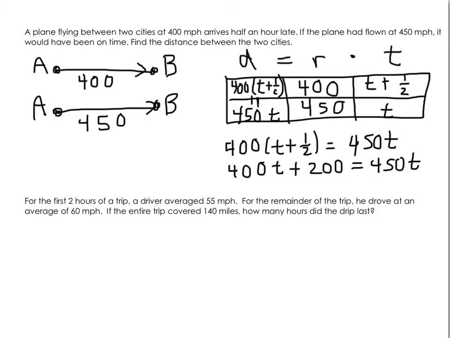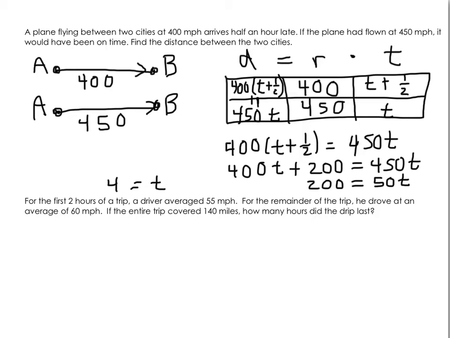Subtract 400T from both sides, and we get 200 equals 50T. Divide both sides by 50, and you get T equals 4.